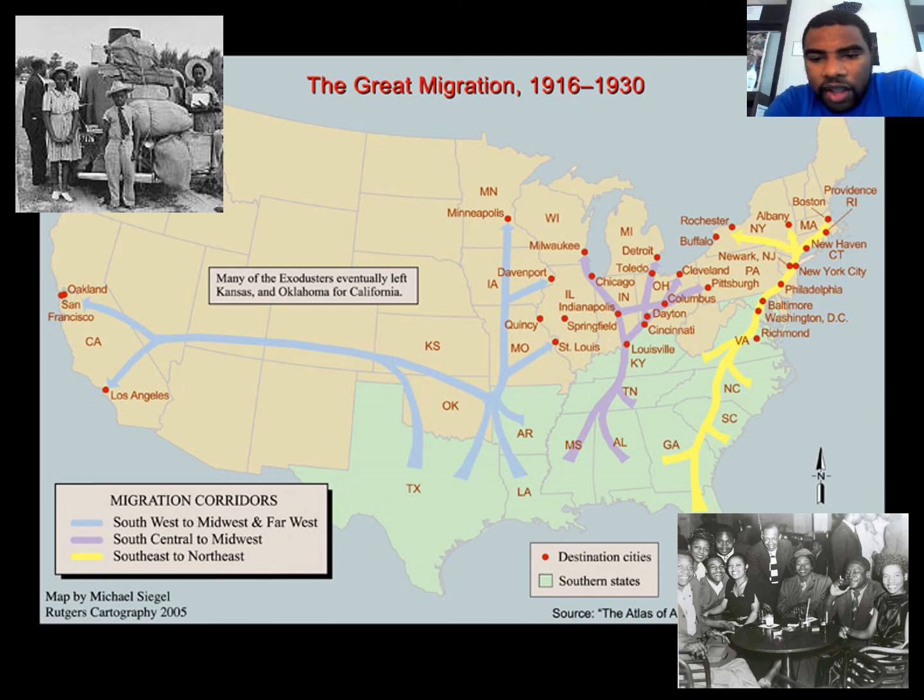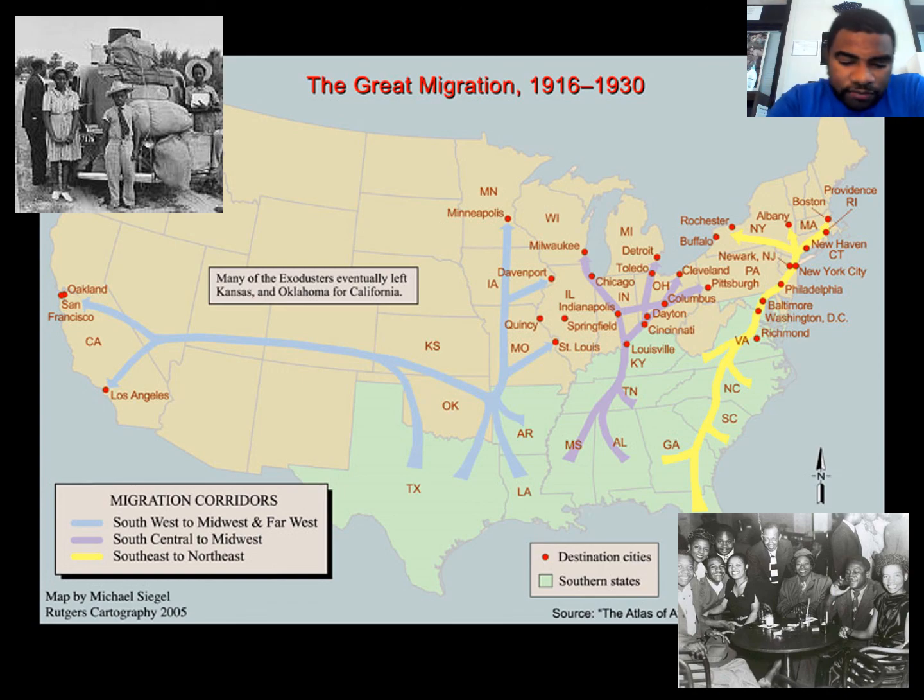So that was a deep move from certain areas to northern areas or places where they felt like they could find more freedom, especially from what at the time were Jim Crow laws and segregation.